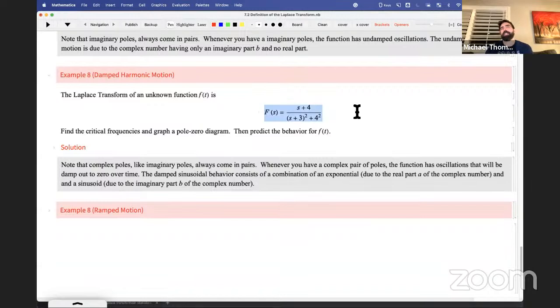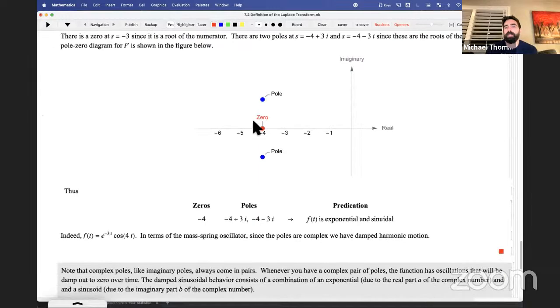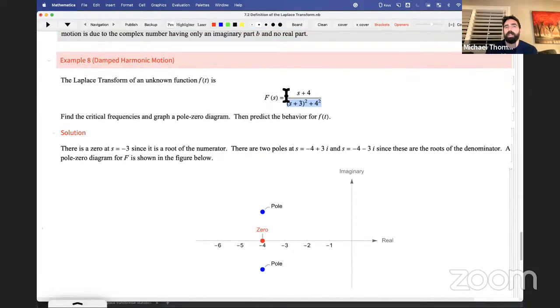Or here's one. Let's say you look at one of these. All you really have to do is look at the denominator. And if you factor that, you're going to get, what is that? -3 plus or minus 4i for the zeros of the denominator. And those are in quadrants 2 and 3. Oh, it's also got a zero right there.